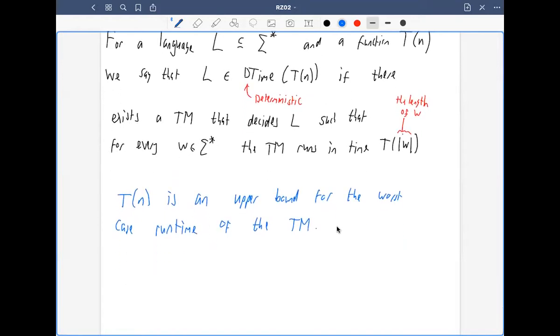So we're looking for functions that bound the running time of a Turing machine in terms of the length of the input.